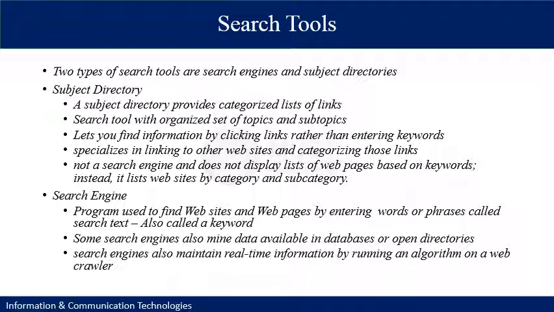A subject directory provides categorized lists of links. It is a search tool with an organized set of topics and subtopics. It is much like a database or a folder which contains the information or files in that folder.